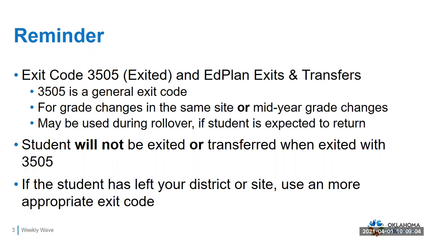Ed Plan does not recognize the 3505 code as an exit, so the student will remain active if we do not get a subsequent enrollment that would manually cause a transfer to occur. So again, if you're using the 3505 exit code for your students inappropriately, that is the reason why they are not exiting out of Ed Plan. You'll need to use a different exit code.